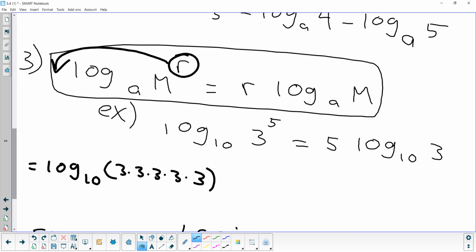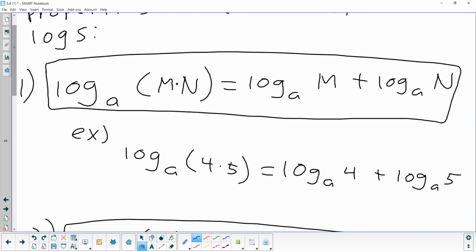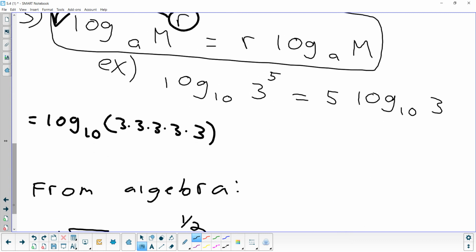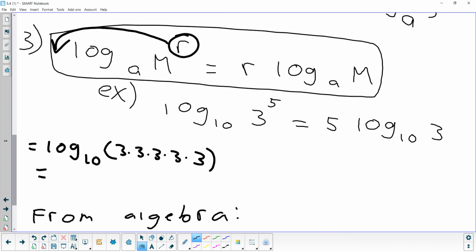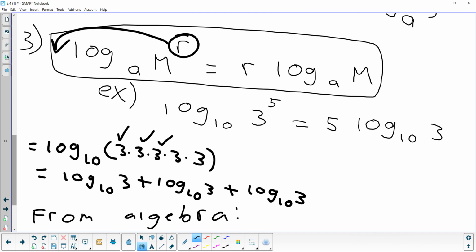Now, this is exactly the same as rule 1. You could have m times n times k times z. You can have as many as you want here and just keep splitting it into sums. So all of these would split into many sums. Log base 10 of 3, that's the first one, plus log base 10 of 3, there's the second one, log base 10 of 3, here's the third one, and so on.